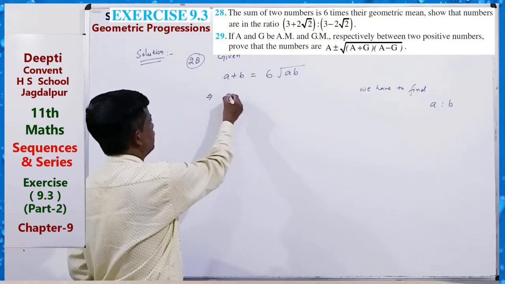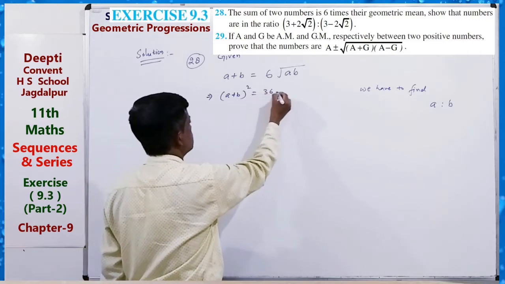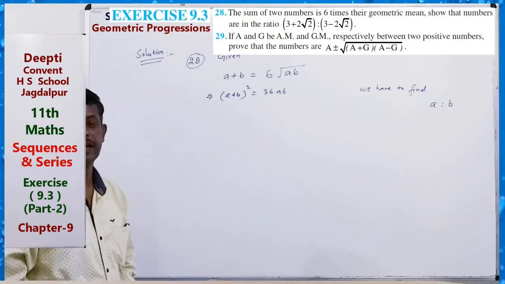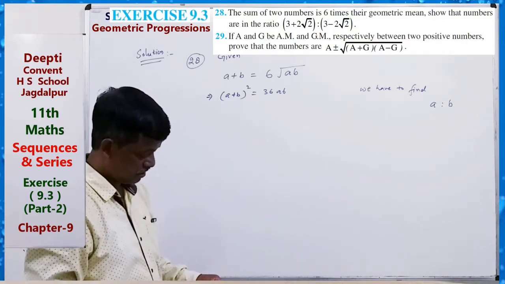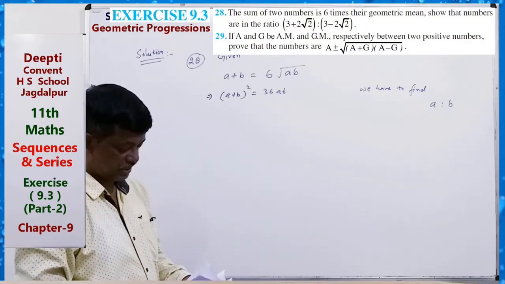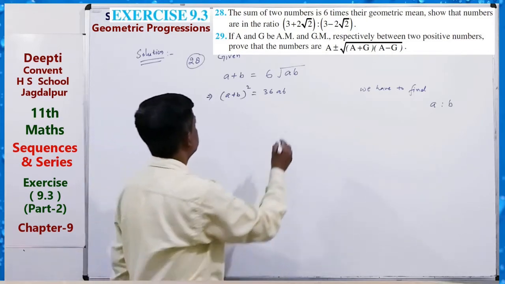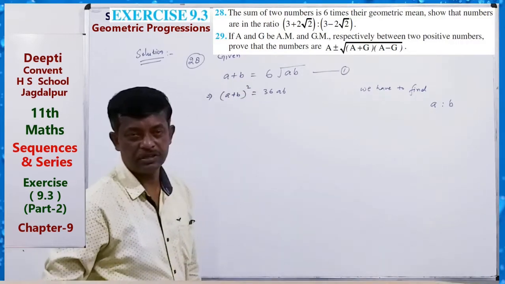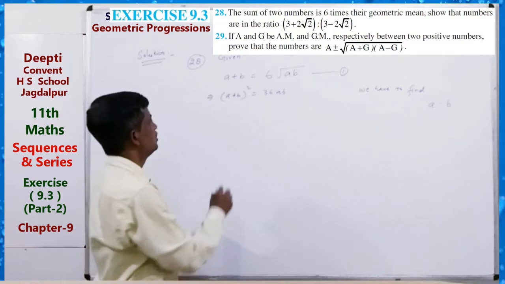We can get a plus b whole square is 36 ab. Clear? This is the given relation. Sum of two numbers is equal to 6 times the geometric mean of the two numbers.